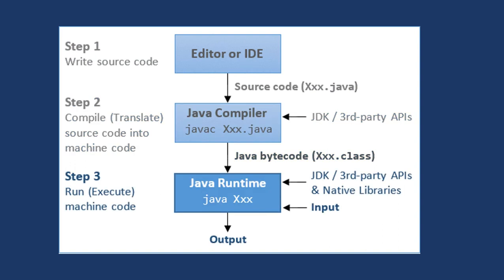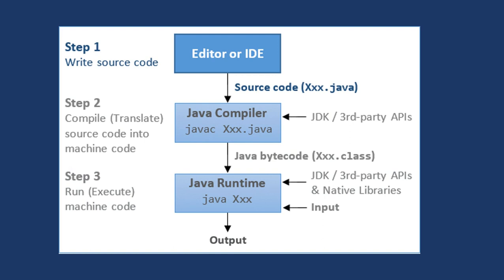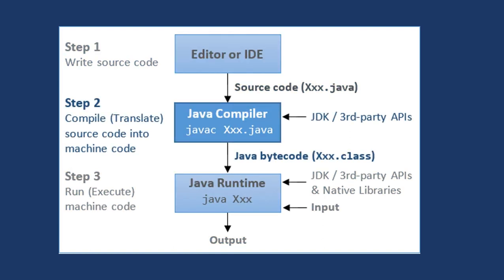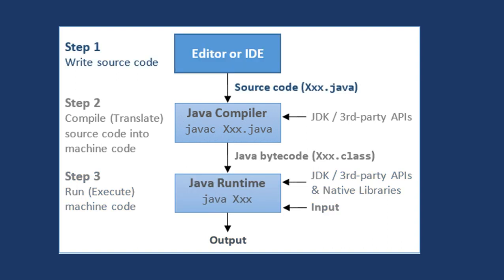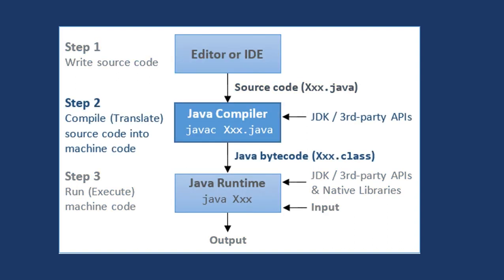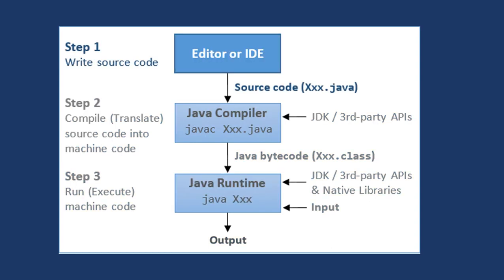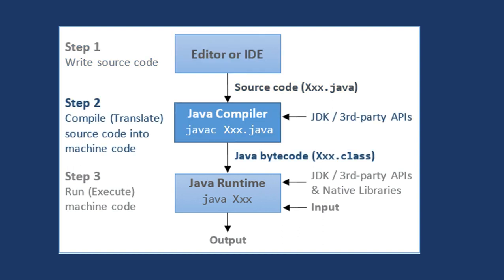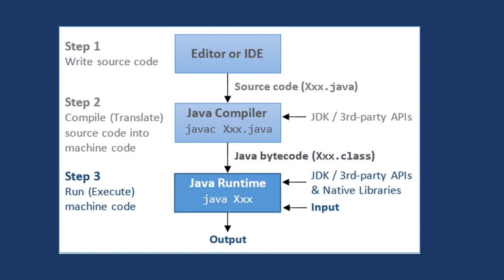After the compilation, the Java compiler gives us Java bytecode, Xxx.class. Look at the extension: .java has been converted into .class. So after successful compilation, another file is created, which is called the bytecode, with the same name.